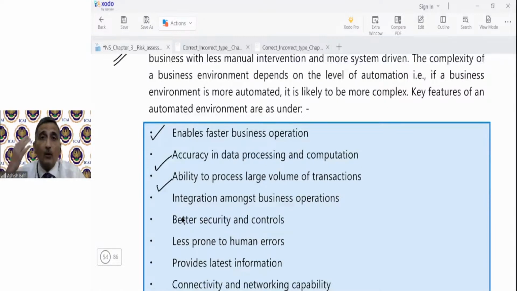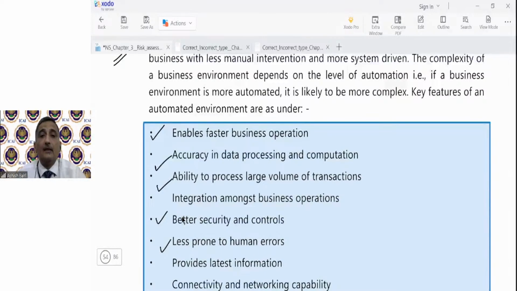Without automation, students, we can't even think that large organizations can function in today's complex environments. Better security and controls, less prone to human errors. If the controls are effective and have been properly designed, then since there is no human intervention, or minimal human intervention, they are less prone to human errors. The latest information can be obtained in real time. Reports can be generated in real time.